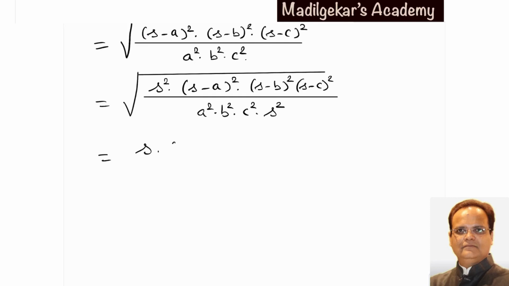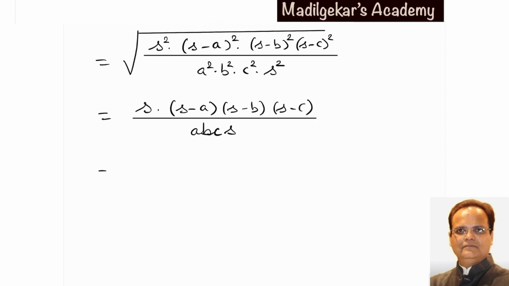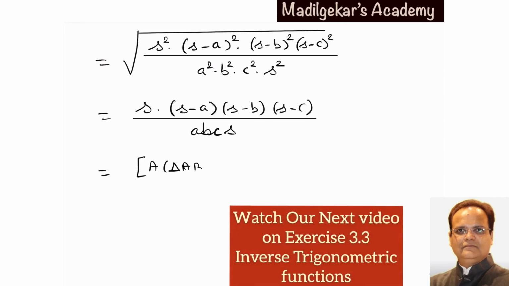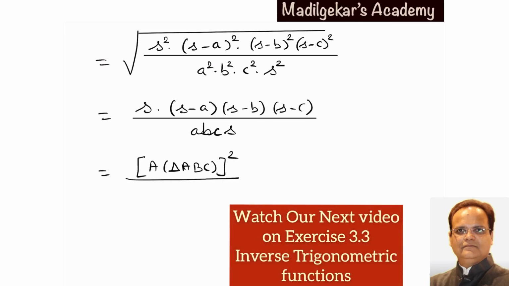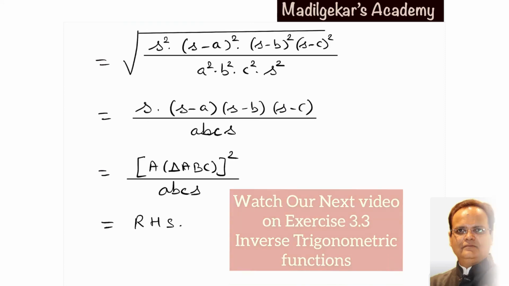Taking square root, we get S into S minus A, S minus B, S minus C upon ABCS. Numerator is nothing but square of the area of triangle ABC upon ABCS. Hence, proved. So this completes exercise 3.2. Thank you.